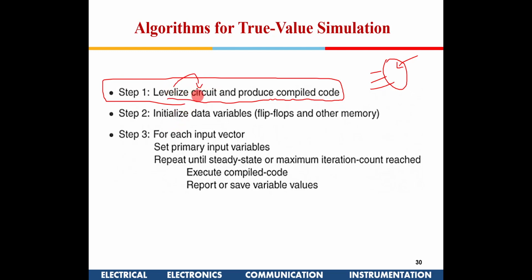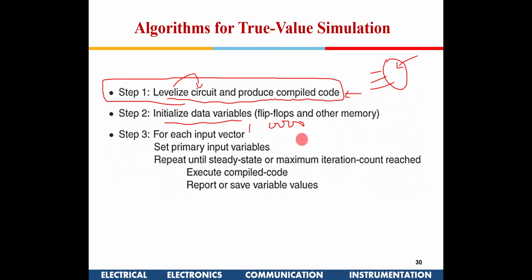Once I have a compact circuit or compiled code, I will take each input data as a variable and keep changing the variable. Initially I will take 0 0 0, and run this code completely.